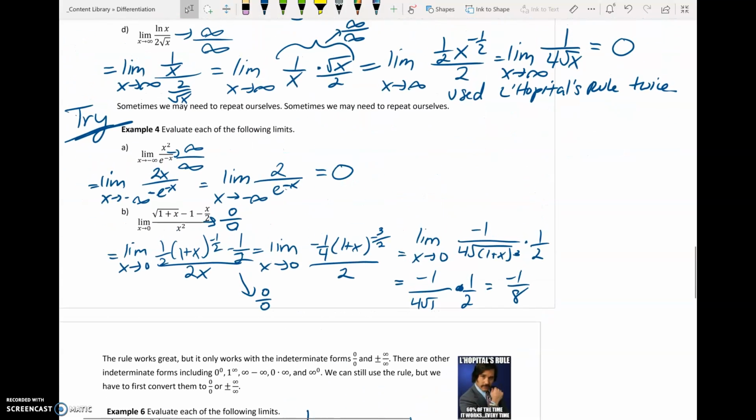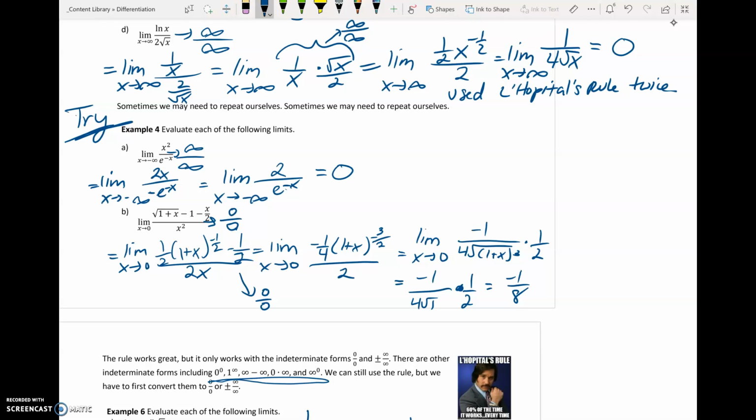So for example 6, I'm just stating here that there are other indeterminate forms out there. You can still use L'Hopital's rule with these forms, but you don't have the differentiation tools to do that yet. We didn't cover logarithmic differentiation in this course, mainly because it's not part of the scope of this course.